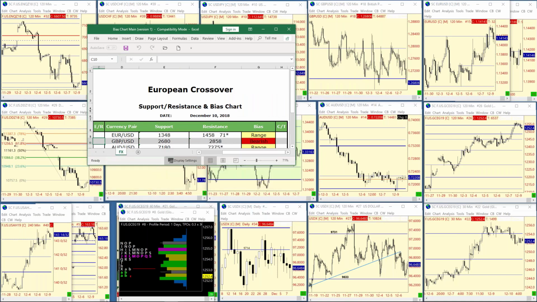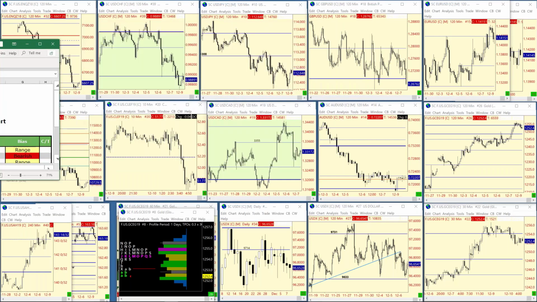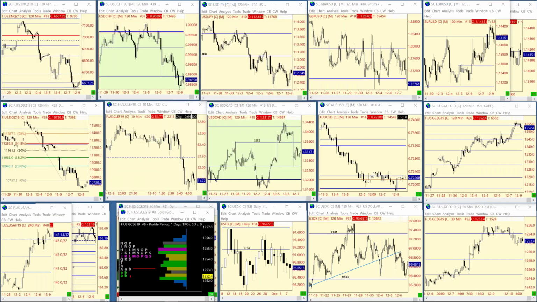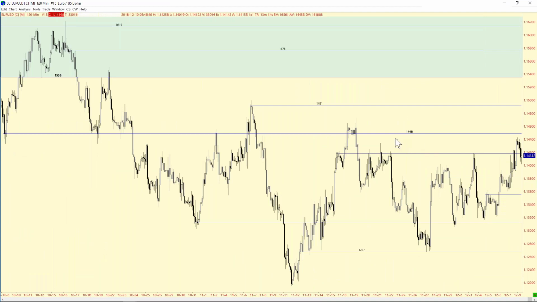And that's from Friday, from the NFP. We'll go and move this all the way for now. And this move up close to the 1448.